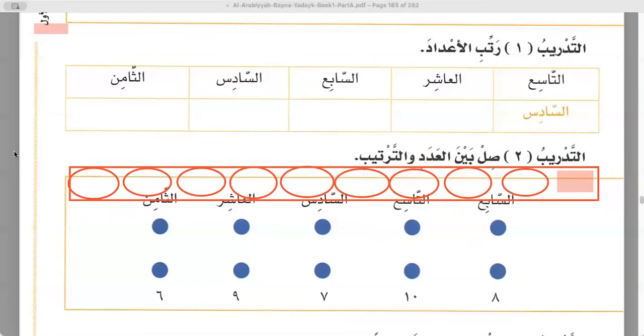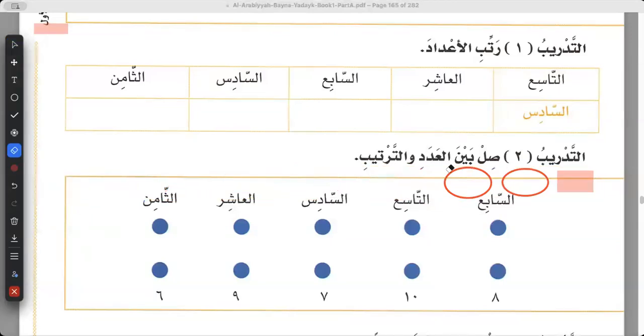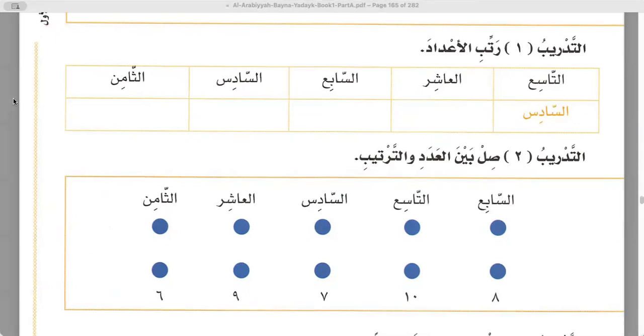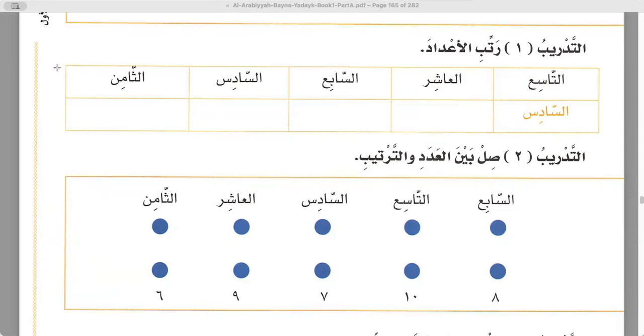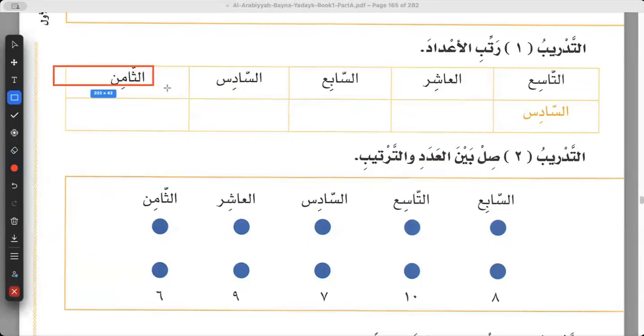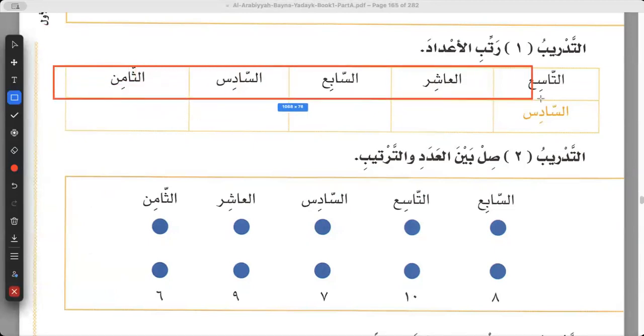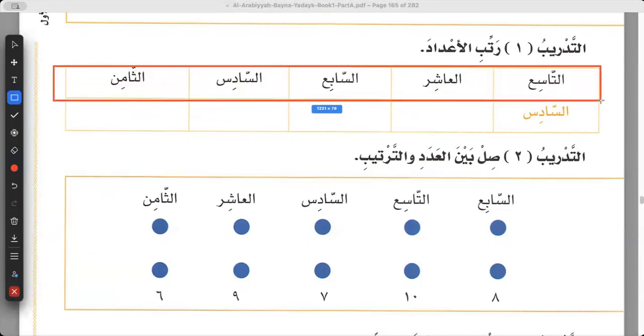Arrange the numbers. التاسع العاشر السابع السادس الثامن. Now we are given السادس. السادس is what? 6.